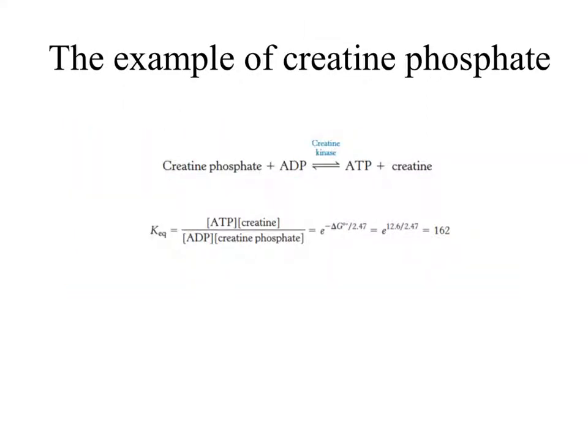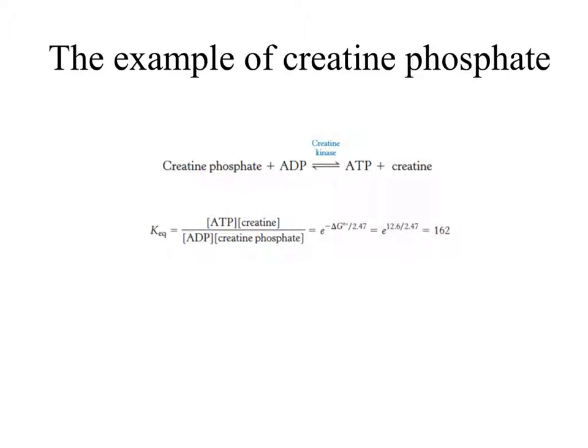Now we can use creatine phosphate as an example for this process, this phosphoryl transfer. Free ATP is not going to be present in great enough concentrations in muscle tissue in order to sustain activity for more than a fraction of a second. So instead, we have other molecules, such as creatine phosphate, that can serve as a reservoir of high potential phosphoryl groups.